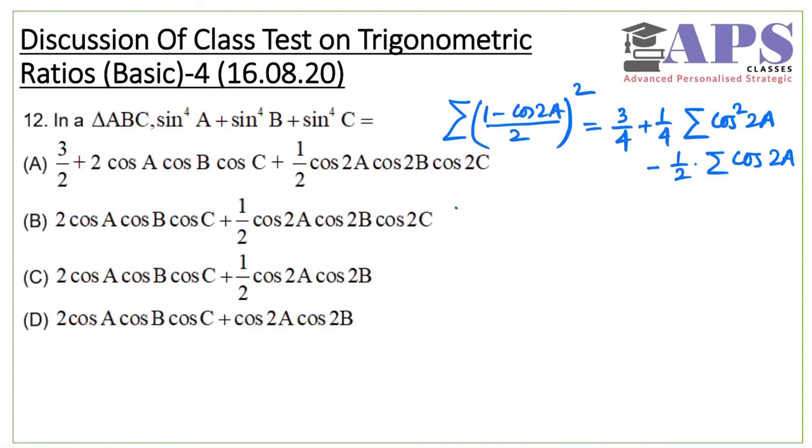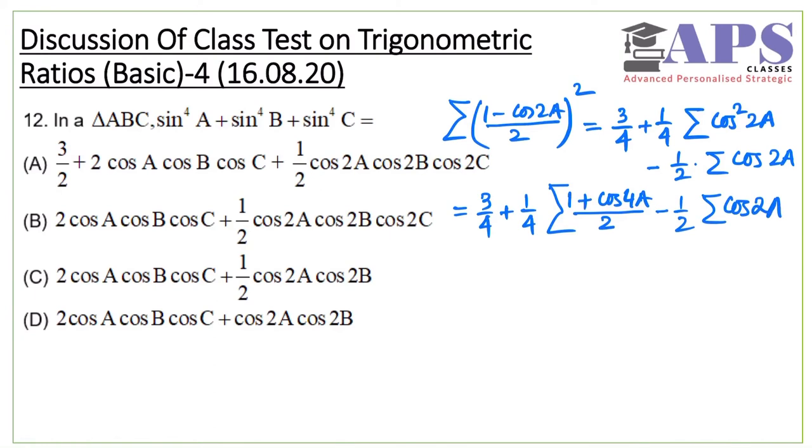So that is giving us 3 by 4 plus 1 by 4 of cos square 2a, which can be written as (1 plus cos 4a) by 2, but then there is a summation here, and minus half summation cos 2a.